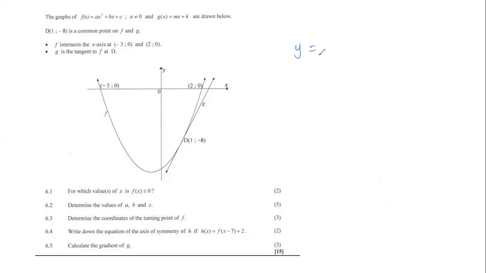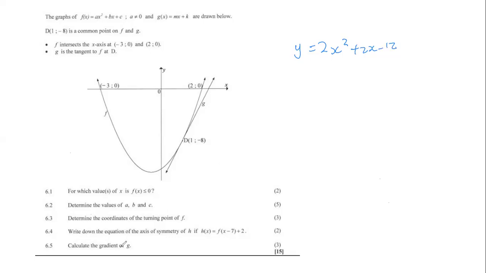Sir, you skipped the question, determine the coordinates of the turning point. Oh, yes. Okay, let me write the equation again here so that we can determine. It was 2x squared plus 2x minus 12.